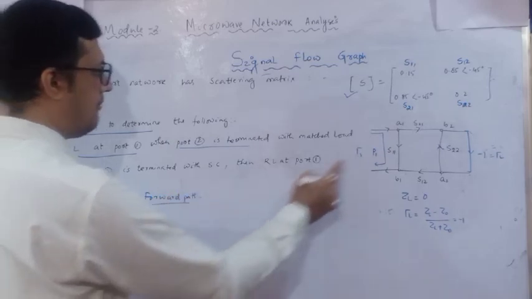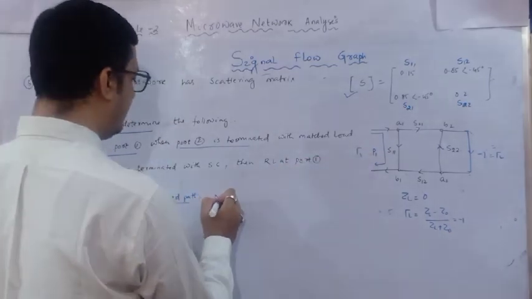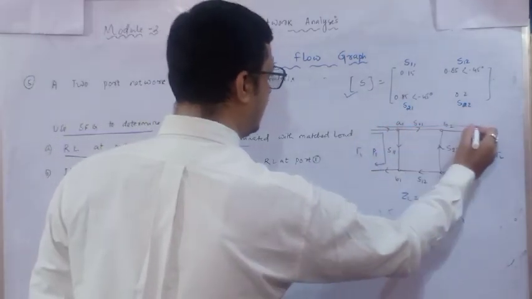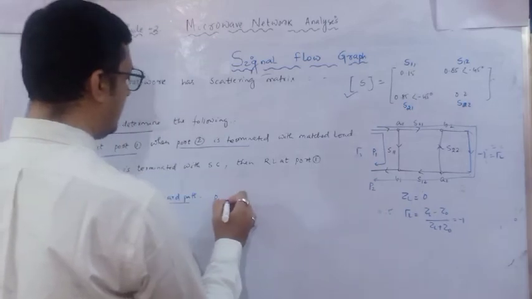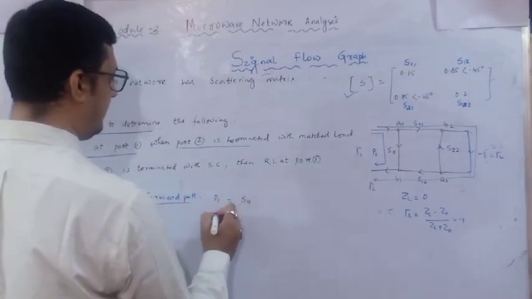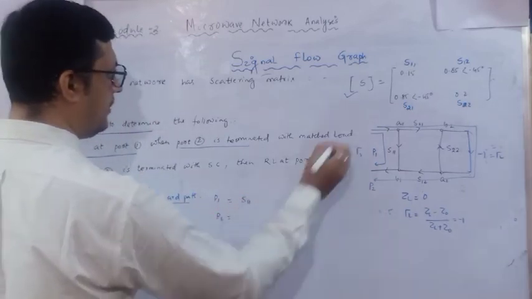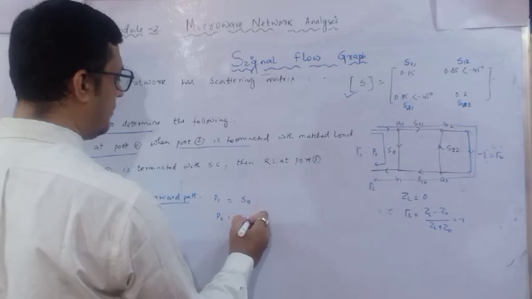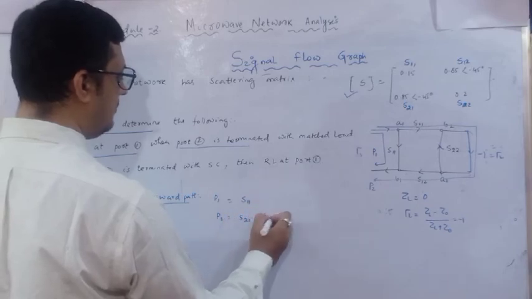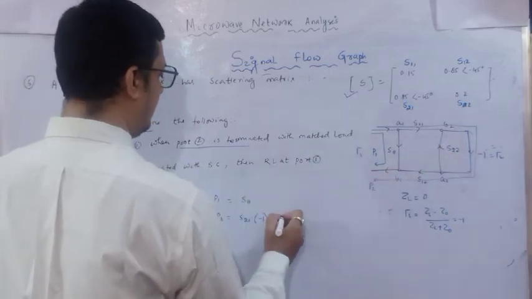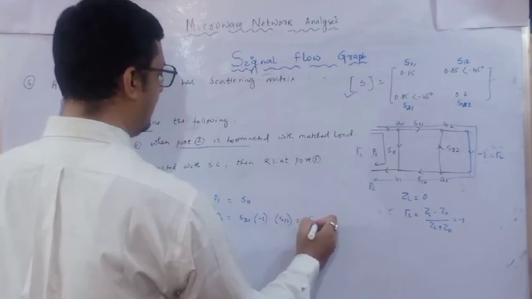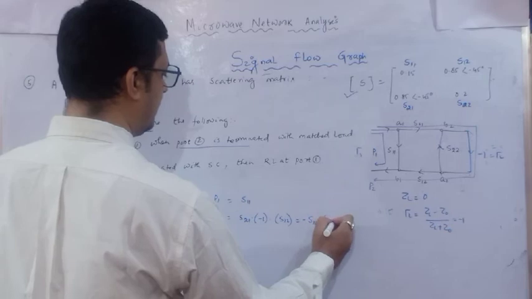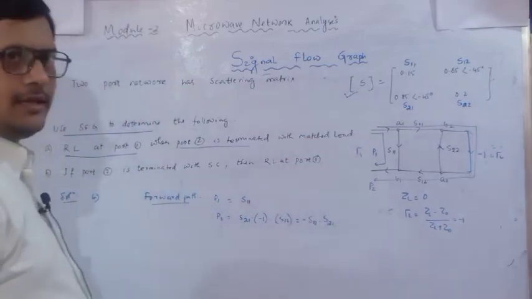In this case, forward path P1 is S11, and one more path, path 2, P2 is S21 into minus 1 into S12. So that means it is minus S12 into S21, over.